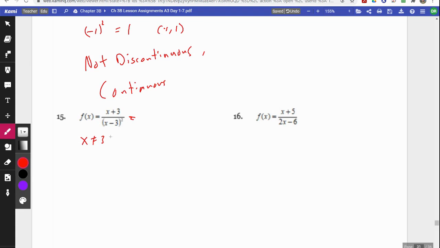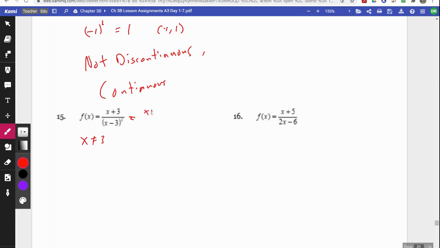There's an asymptote there, usually. But we should check it out and make sure, because sometimes the function on the bottom, the (x minus 3) squared, what it's made up of could cancel out with something on the top, making x able to be 3 if I simplify it.